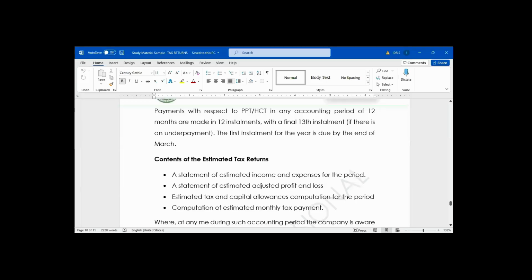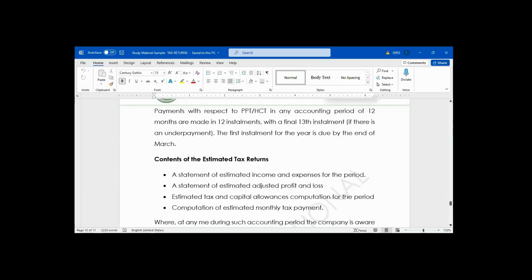In the estimated return, they will show the tax authority the estimated tax that they intend to pay in that particular year of assessment based on their estimated profit. That estimated tax, they will divide by 12, and once they divide it, they will start paying it every month.